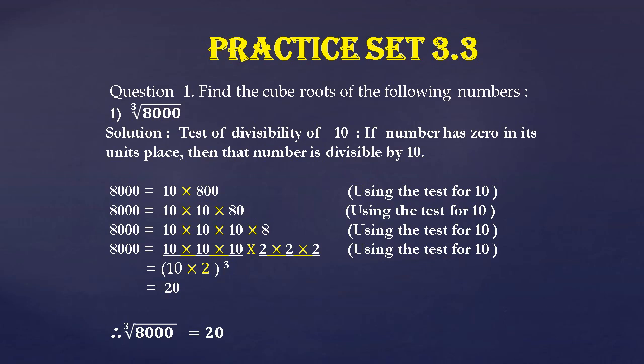So here you can see 8000 is equal to 10 into 10 into 10 into 2 into 2 into 2. Which is equal to 10 into 2 whole cube, which equals 20. Therefore, the cube root of 8000 is equal to 20.